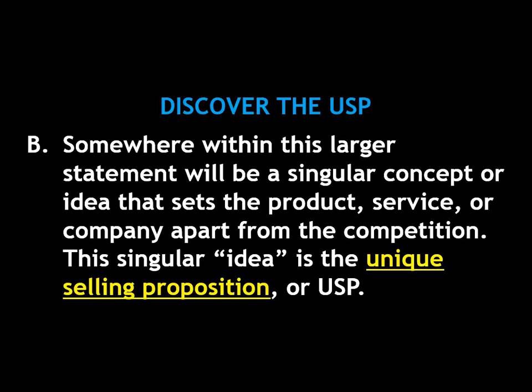So if we were to talk about this in terms of fast food burgers, for example, McDonald's has the Big Mac. Burger King has the Whopper. Wendy's has those square hamburgers. They're all unique to those particular companies. That's something that they have and nobody else does.